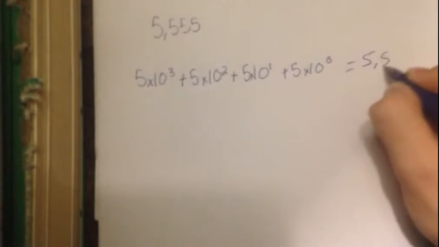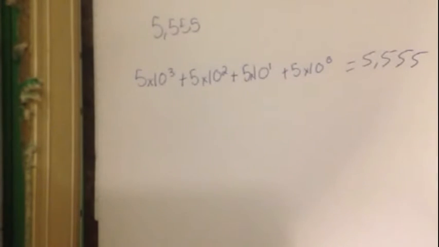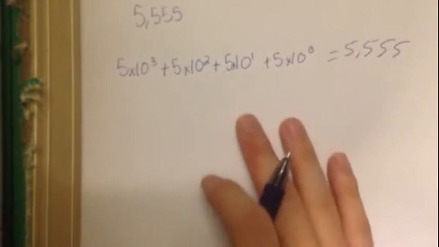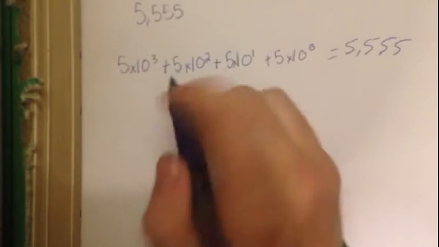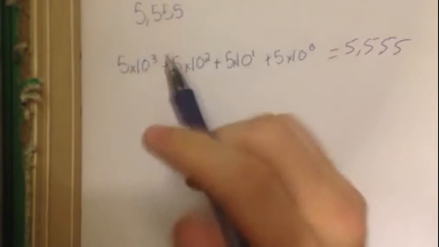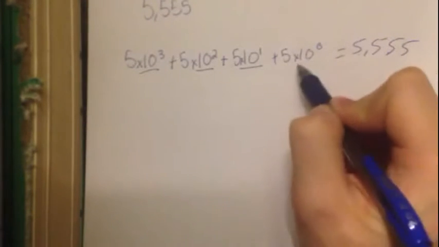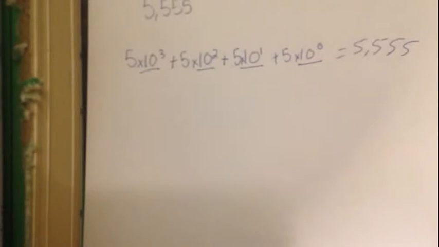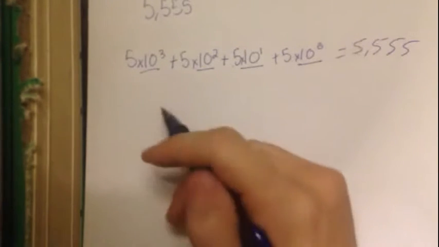That's 5,555. In base 20, however, because we're not in base 10 anymore, we're in base 20, we change out the base from 10 to 20.